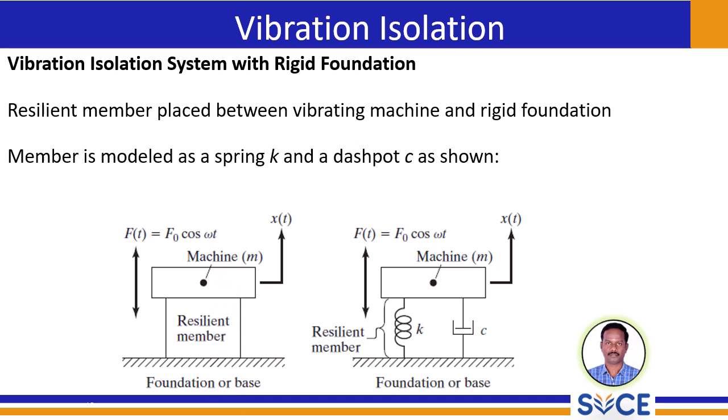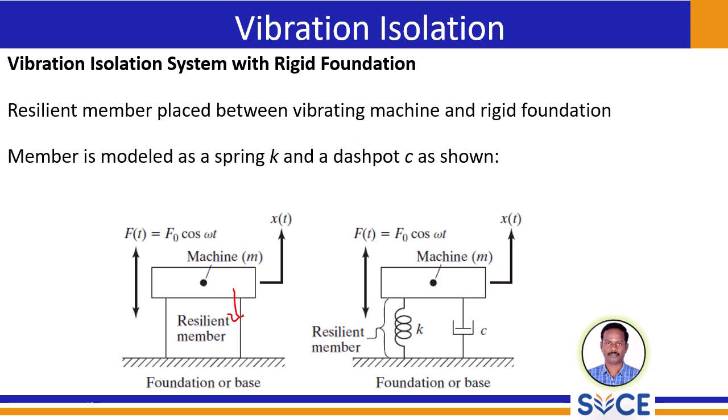For the purpose of analysis, this resilient member is often modeled as a parallel combination of a spring with a dashpot. So this is the modeled resilient member.